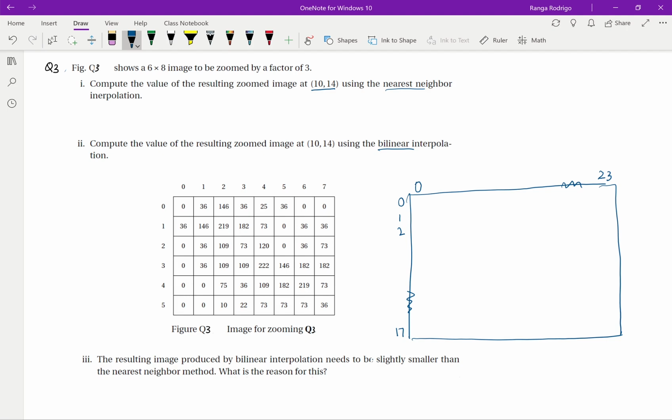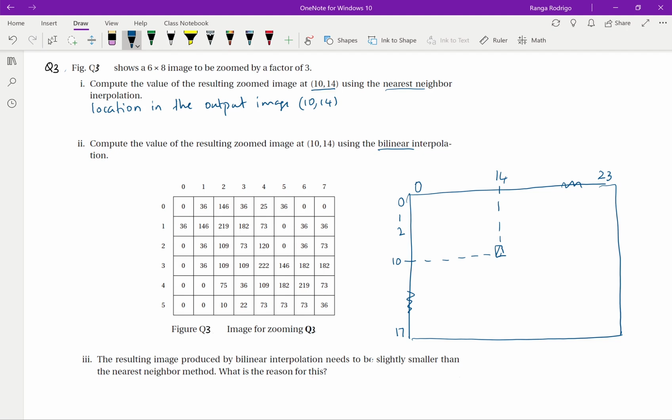We are supposed to compute the value at 10 and 14. So what we want to do is to compute the location of 10 and 14 in the original image. The location in the output image is 10 and 14.